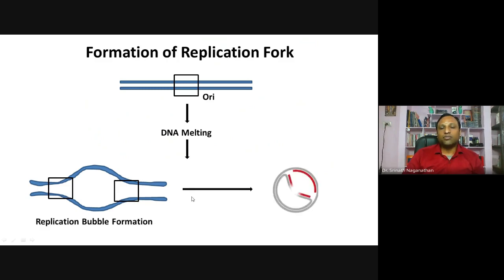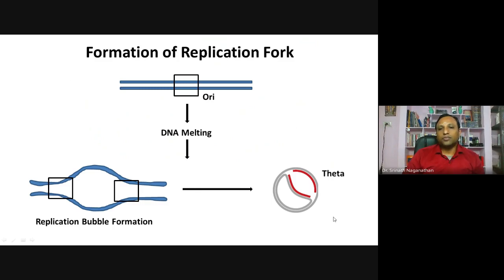And with this, we have our fork, that is the origin of the replication fork, where the newly synthesized strands start to be produced. Due to this, it looks like the mathematical symbol theta, in the theta model of replication.